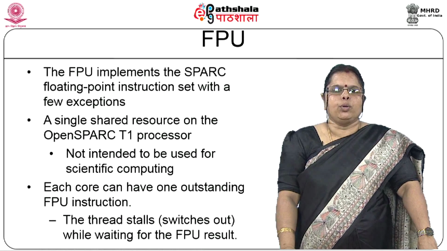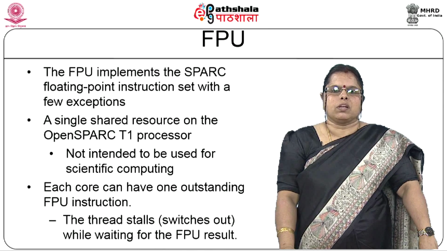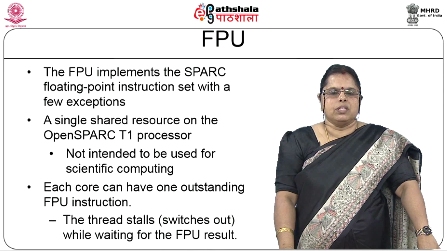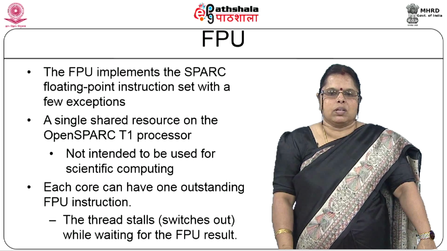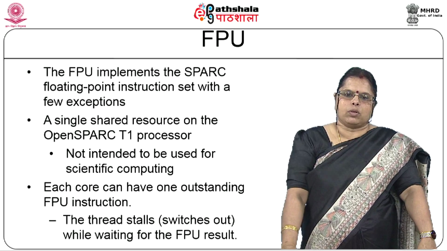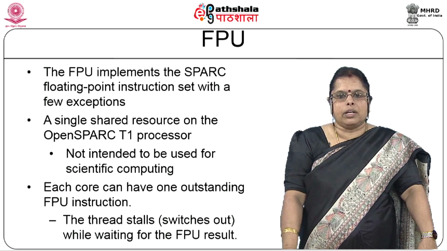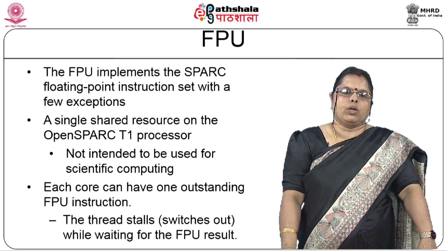The floating point unit implements the SPARC floating point instruction set with a few exceptions. It is a single shared resource on the OpenSPARC T1 processor. Because initially when the OpenSPARC T1 processor, or the Niagara processor, was invented, it was not intended to be used for scientific computing where you are going to come across many floating point operations.